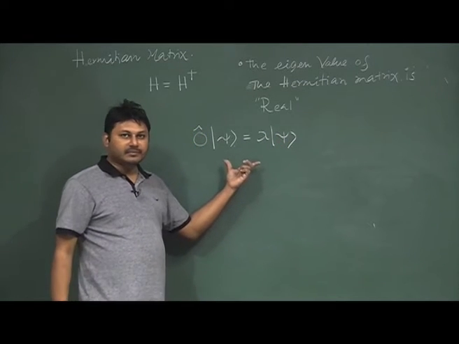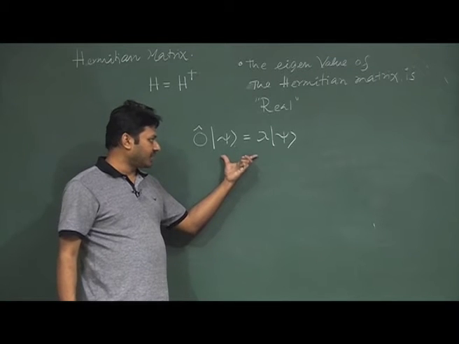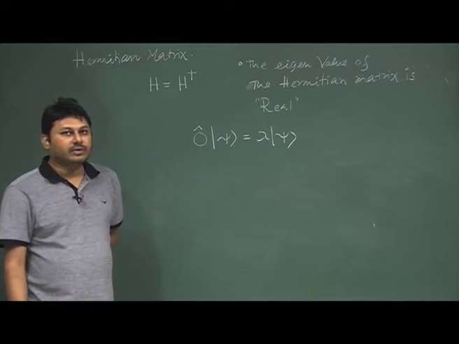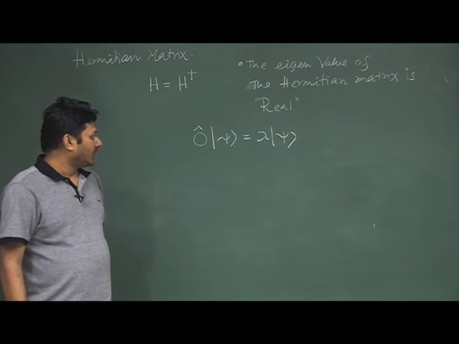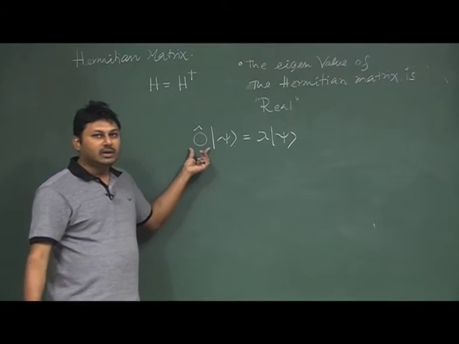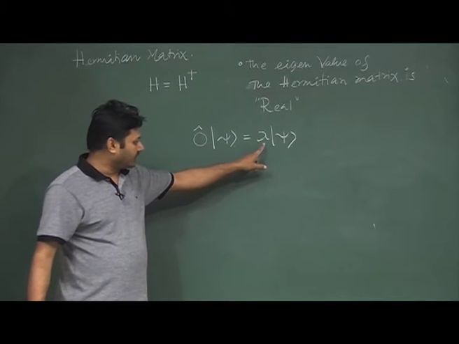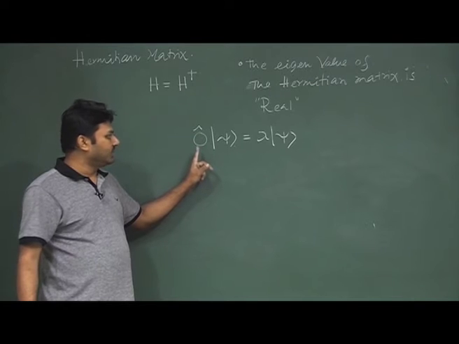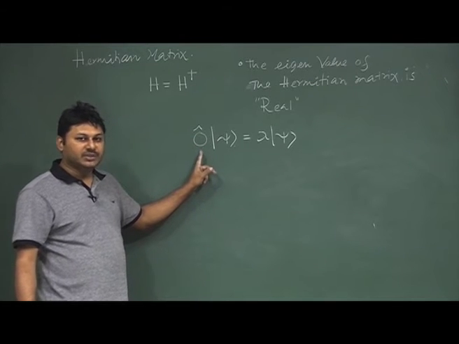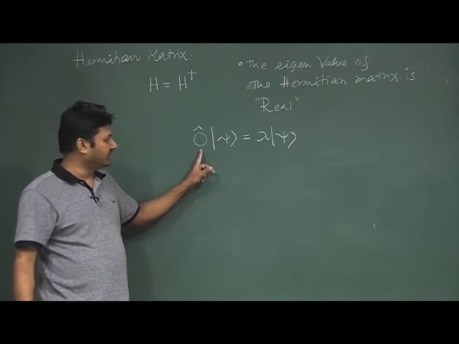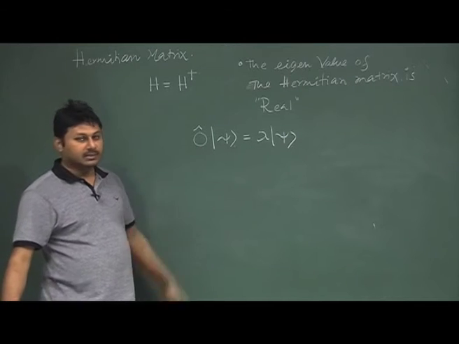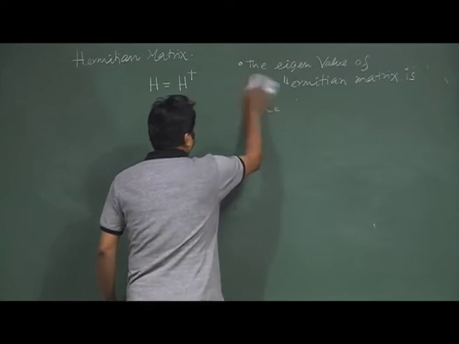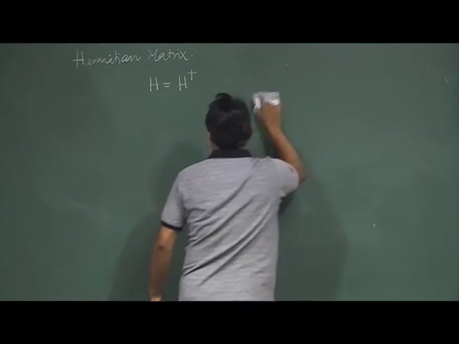This is the same structure that we use in the linear vector space in the context of matrix operations. Now if this operator is a real operator, the corresponding eigenvalue has to be real. That is why in quantum mechanics we choose operators which are Hermitian in nature. If it is Hermitian, then I always get a real eigenvalue. However, I did not prove that so far, so let me try to prove it.